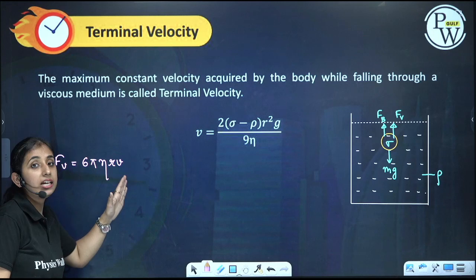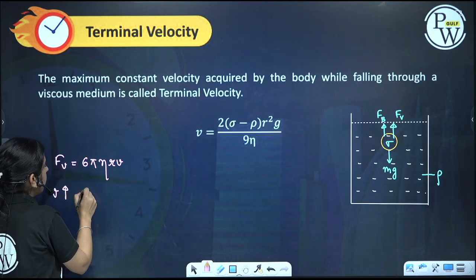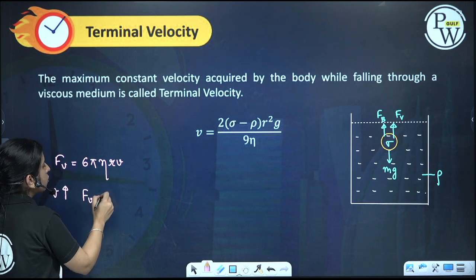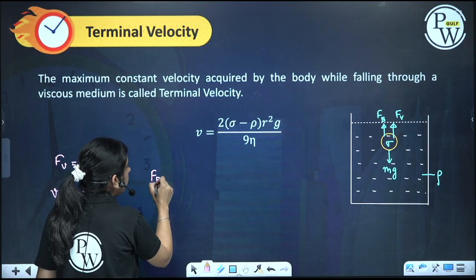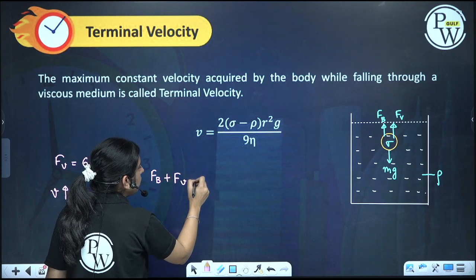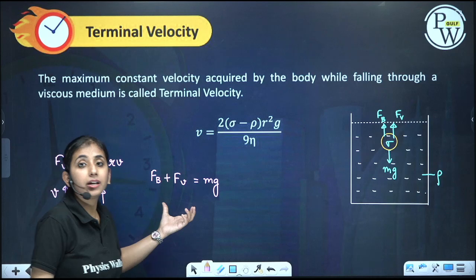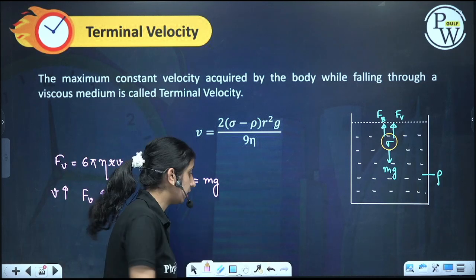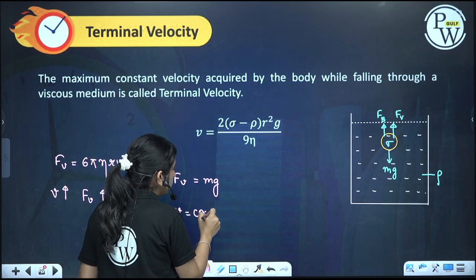As velocity increases, Fv will increase. So a time will come when Fb plus Fv is equal to mg. At this point the net force will become 0 and the body will attain a constant velocity.